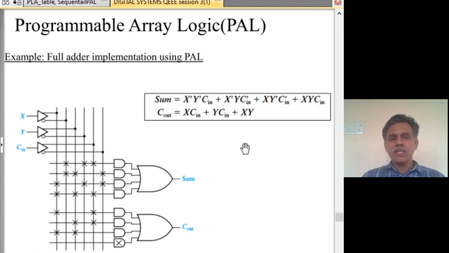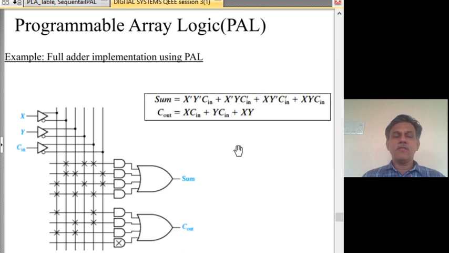So, sequential machines have two parts. One is a state register consisting of a certain number of flip-flops where the state variables are stored. It has certain inputs, certain outputs. Then some combinational circuit which will generate the next state in terms of the present state and the input, and the output in terms of the present state and the input, or only the state variables, depending upon whether it is a Mealy or Moore circuit.